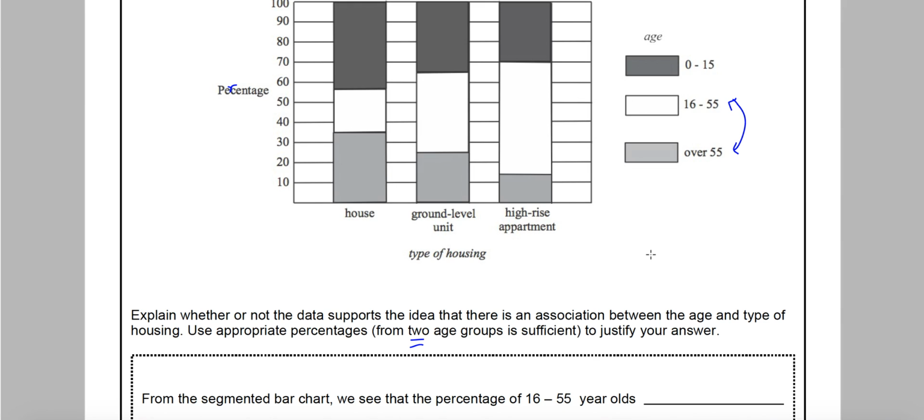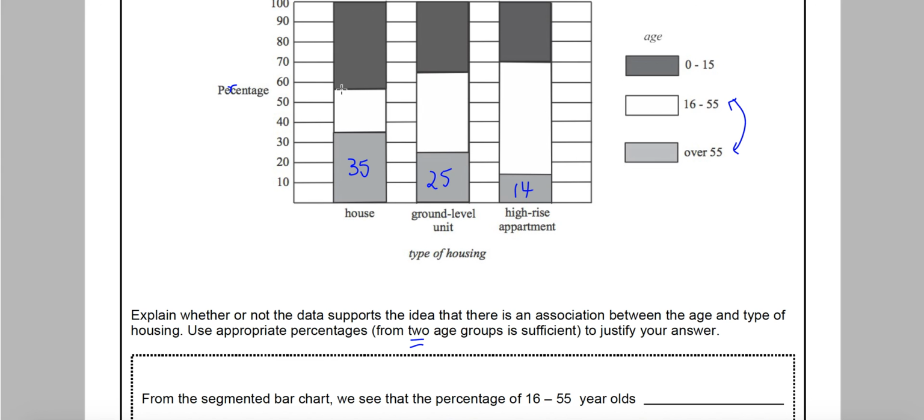So I've got my two age groups, but I need to know what these percentages are in here. So if you start with the bottom segment, because you can read really clearly what the percentages are. So this one looks like 35, that looks like 25, and then this one looks like about 14. So I've done an estimate, remember, you just do it to the best of your judgment.